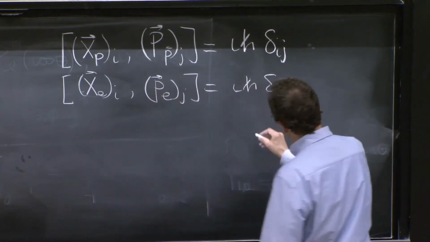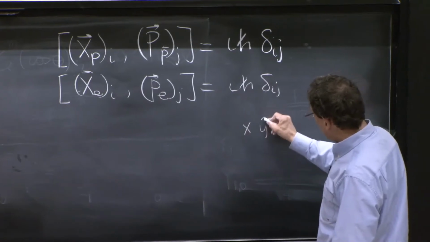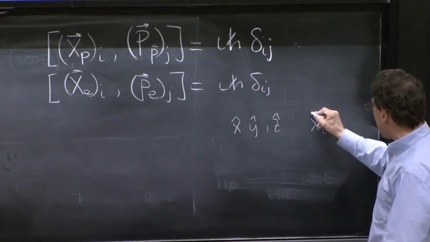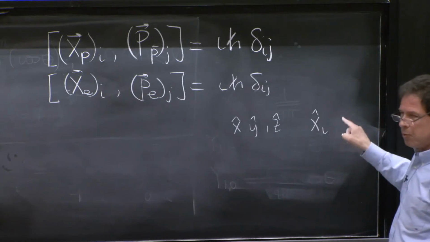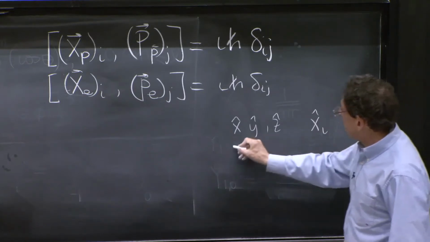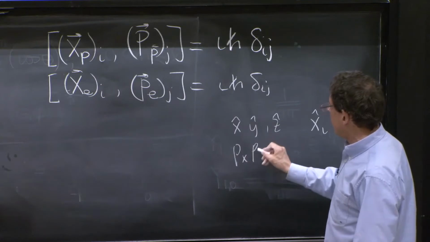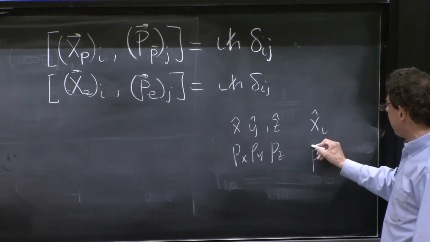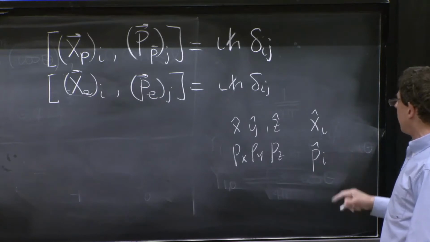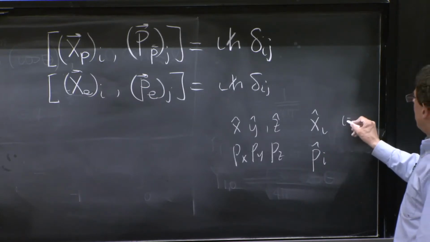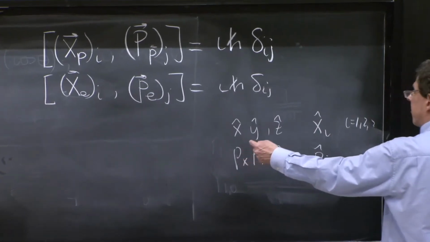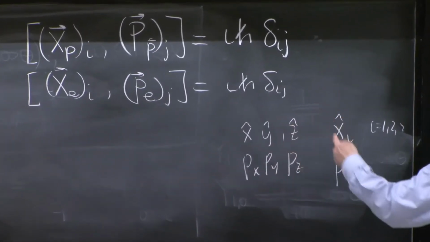You see, this is because x operator, y operator, z operator, you can call them x_i operators with i equal 1, 2, 3. The px, py, pz operators are better called p sub i, with i running from 1, 2, and 3. And x being the first, y the second, z being the last.